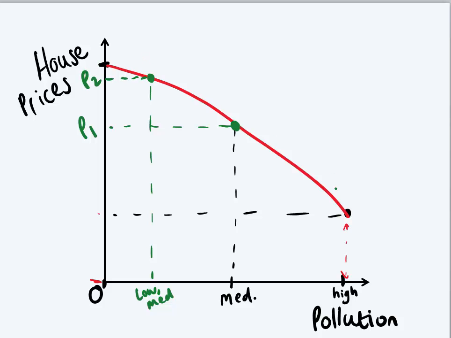Now, what this graph says is, I value this amount of clean air, this much. Meaning my value for this amount of clean air, X, is the price B2 minus B1. So now I have put a dollar or rand value on clean air. That's something that didn't exist before I used this method, and that's why it's called a revealed preference method to get the value of clean air.